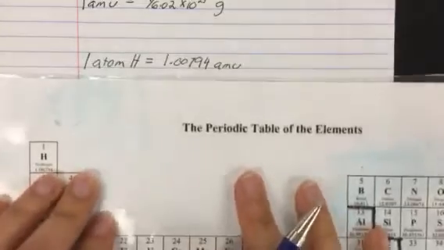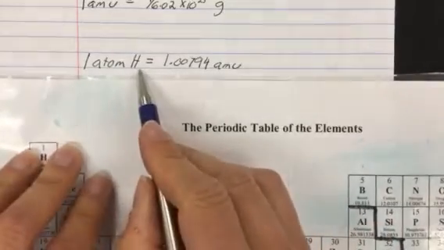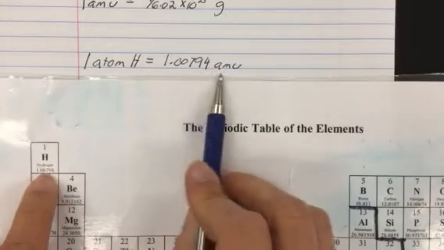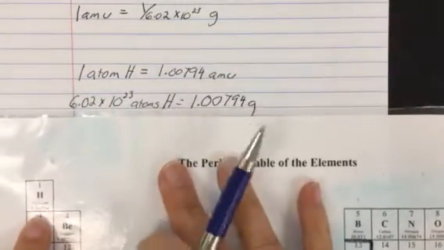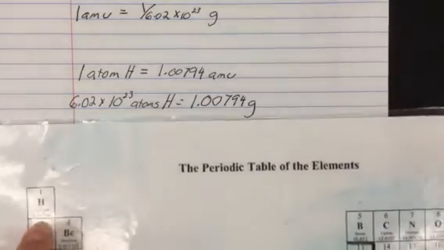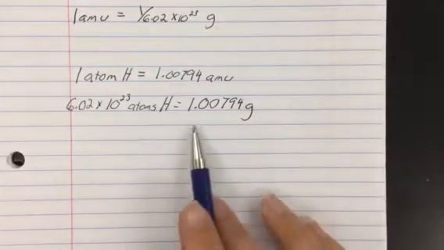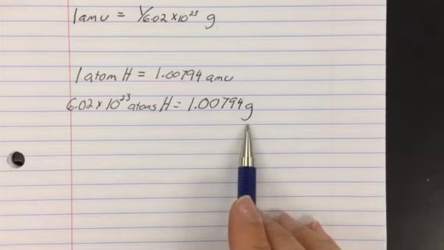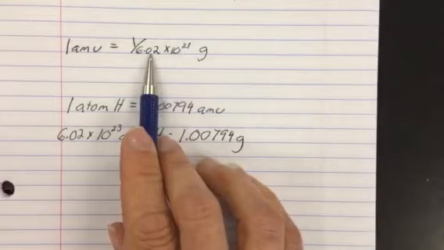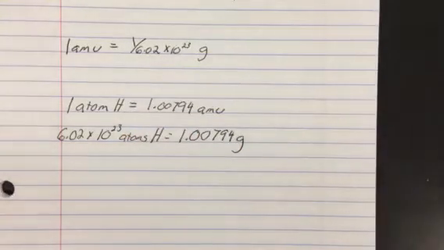Well, one atom of hydrogen is going to have a mass of about 1.00794 atomic mass units. But 6.02 times 10 to the 23rd atoms of hydrogen is going to have a mass of 1.00794 grams. If I've got 6.02 times 10 to the 23rd of them, then I've got grams.